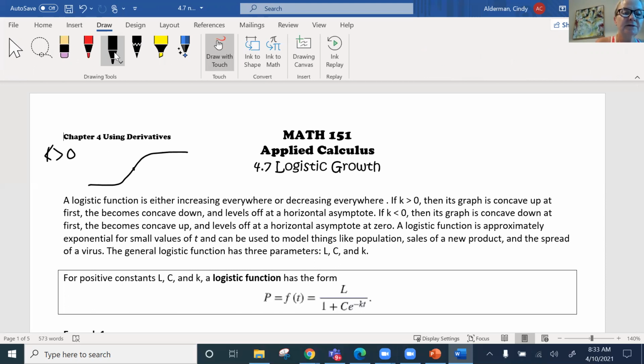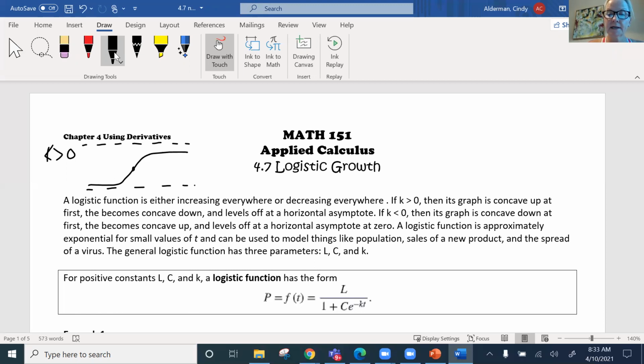And you can probably recognize that there's an inflection point there, right? So basically a logistic graph looks sort of like it's exponential at the beginning where it's concave up, and then it hits the inflection point and turns concave down. And that's if the K value is greater than 0.